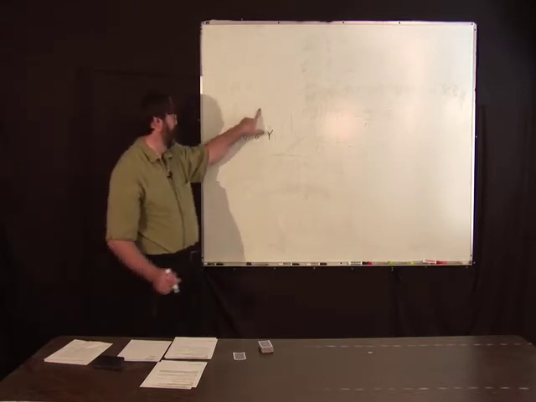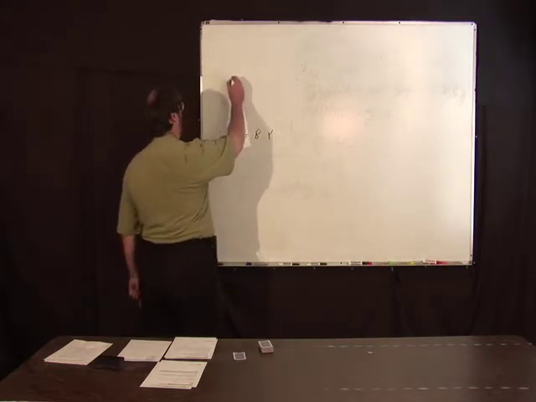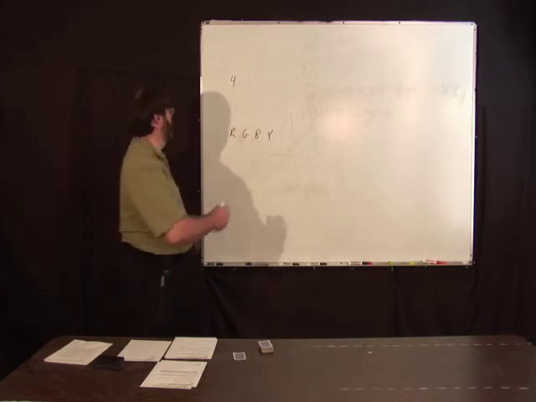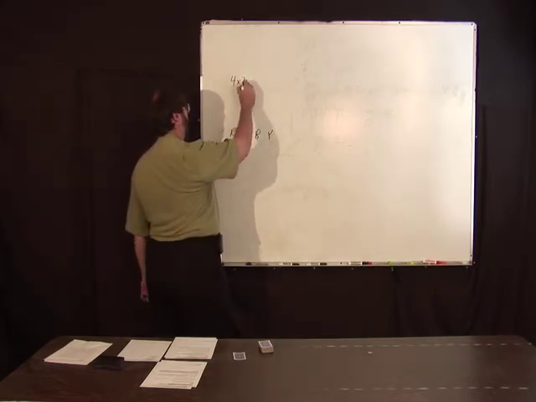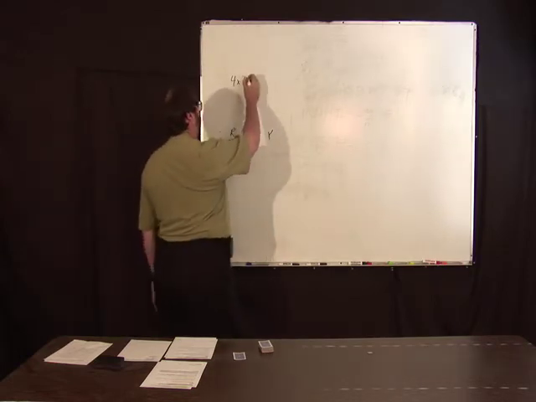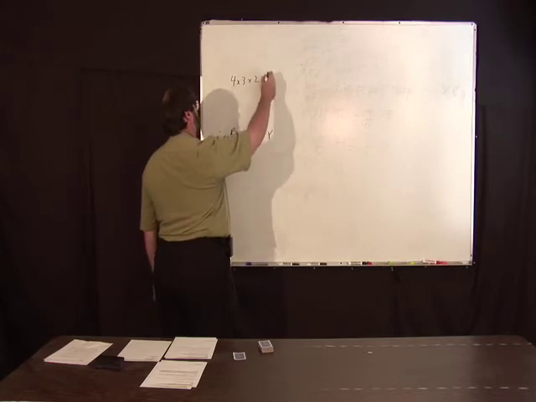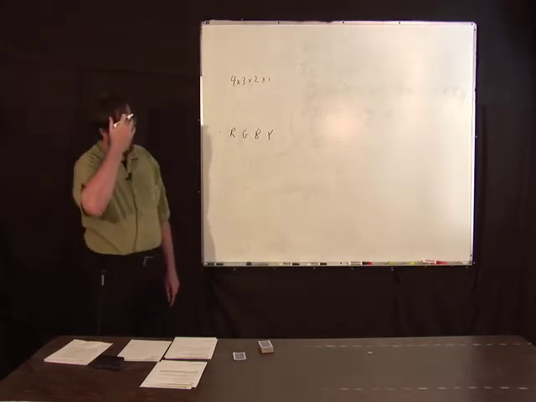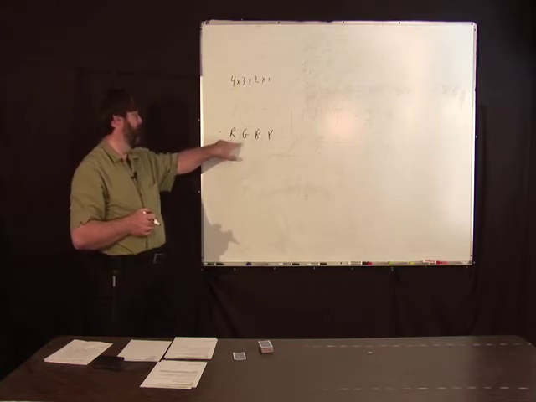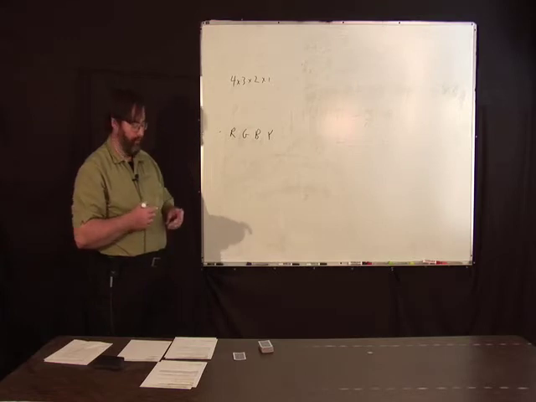Well, there's 4 ways you can pick the first one. There's 3 left, so there's 3 ways you can pick the second one. There are 2 left, so there's 2 ways you can pick the third one. And then there's only 1 left, so there's only 1 way. So that's 4 factorial ways you can arrange 4 independent objects. That's where it sort of comes from.